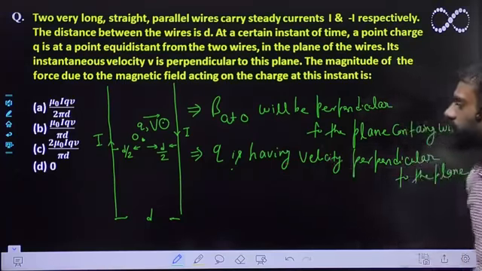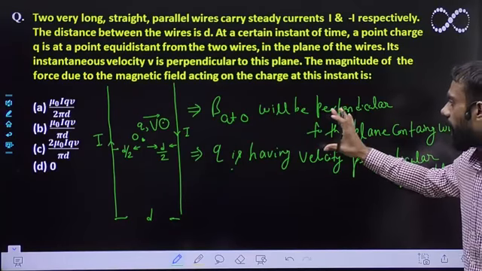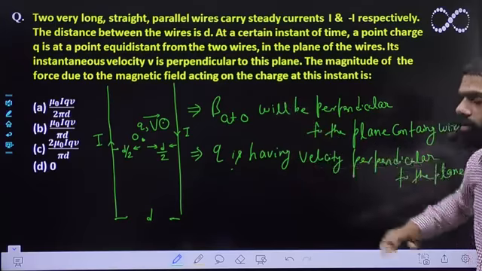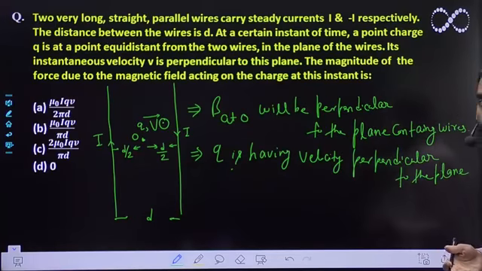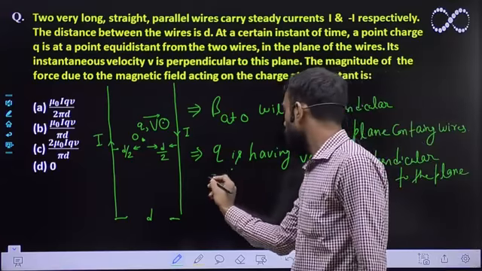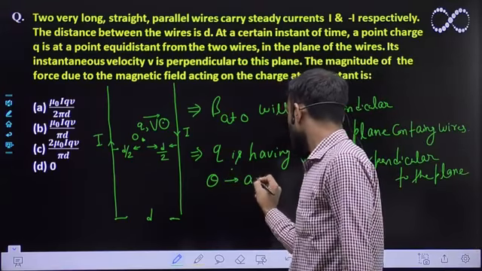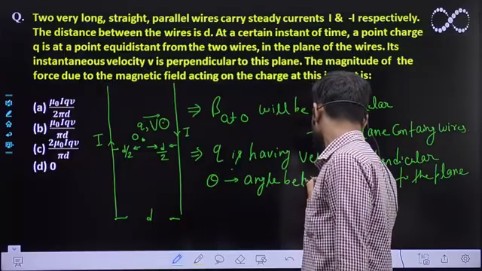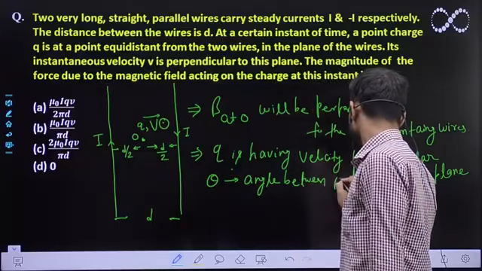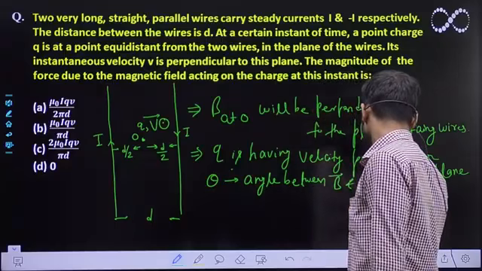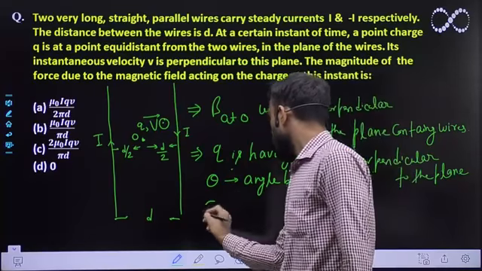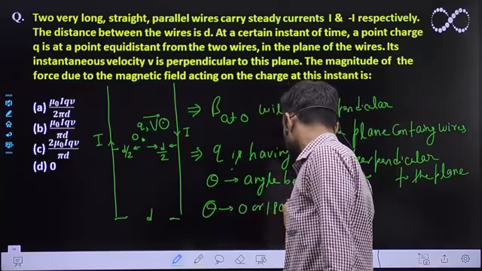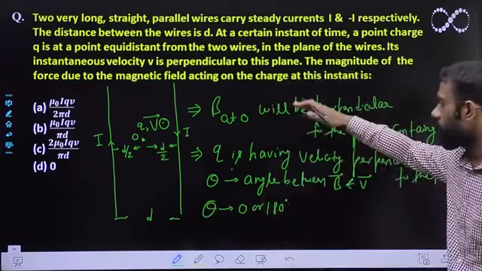So from these two statements I can easily see that the angle between the magnetic field vector and the velocity vector will be either 0 or 180 degrees. So if theta is the angle between the B vector and the v vector, then theta will be either 0 or 180 degrees. This I conclude from these two statements.